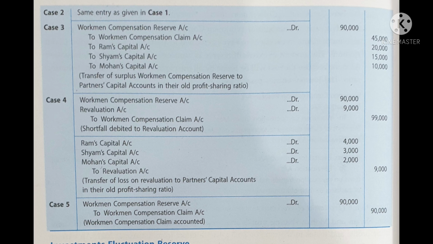So it is the situation when the workmen's compensation claim is equal to the workmen's compensation reserve, and a single journal entry will be passed for it: workmen's compensation reserve account debited with 90,000 rupees to workmen's compensation claim account with 90,000 rupees, and the narration will be workmen's compensation claim amount accounted for.